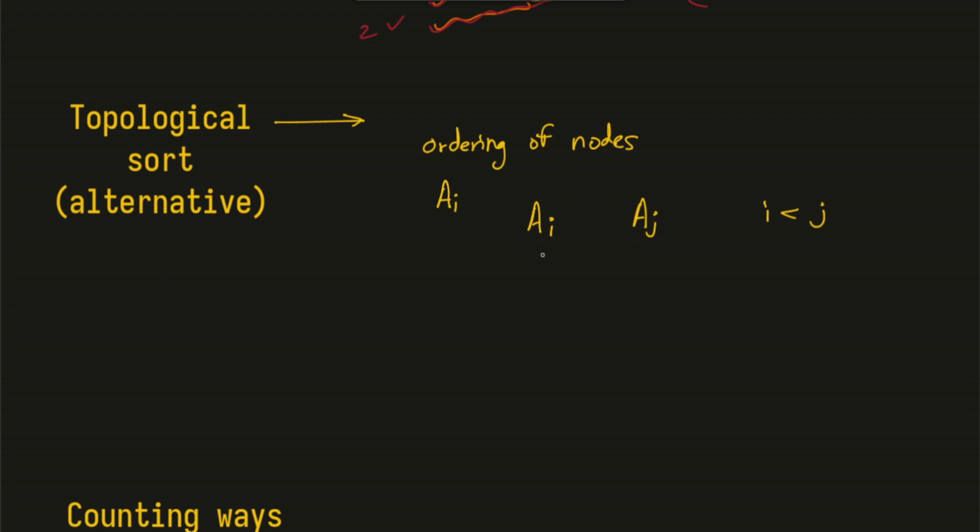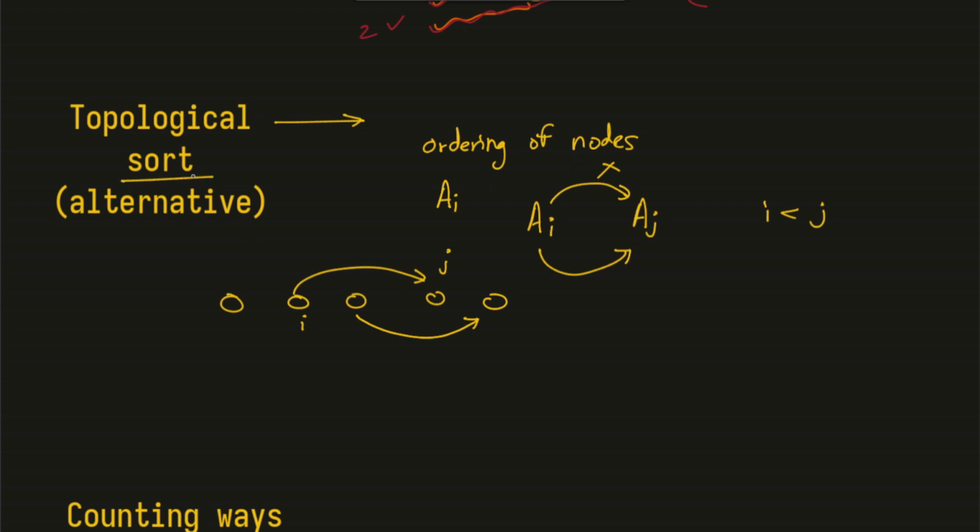Then there is an edge from this node to the other one, or there is no edge, so that if the nodes are placed from left to right, the edges always flow from left to right in an increasing manner. So this was the ith node and this was the jth, so the edge is either present or not. And this is how topological sort is implemented, and using this we can arrange the nodes.